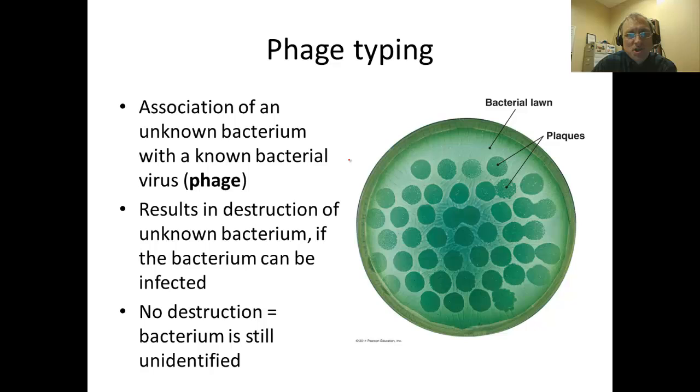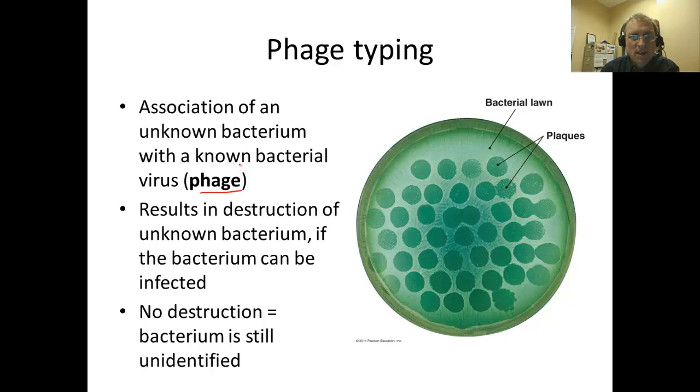Phage typing is another technique that's used in the clinical laboratory, and it uses an unknown microorganism with a known virus. The viruses that infect bacteria are known as bacteriophages, or phage for short. When we talk about viruses, we'll talk a little bit more about the activity of bacteriophages when they're mixed with bacteria.